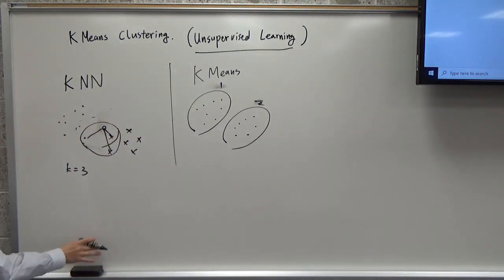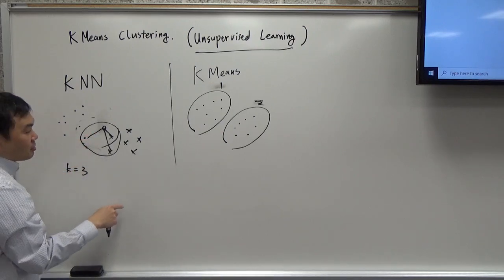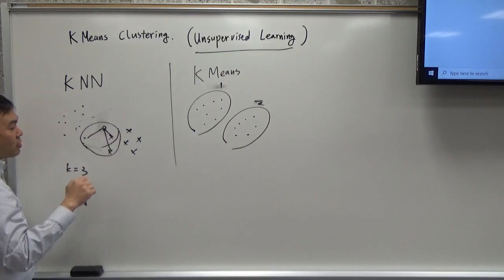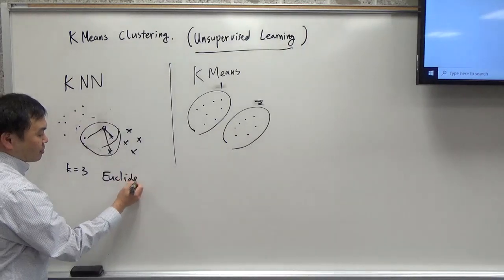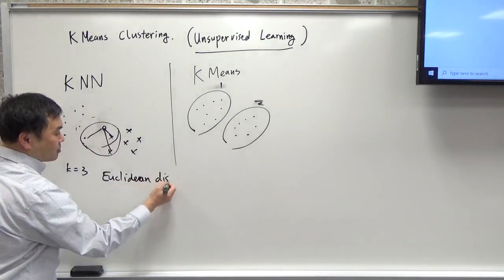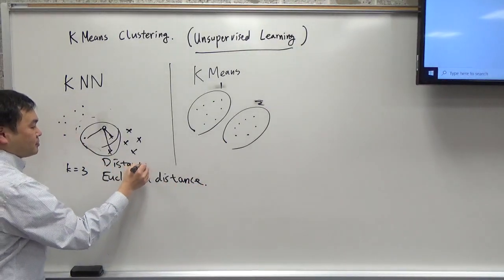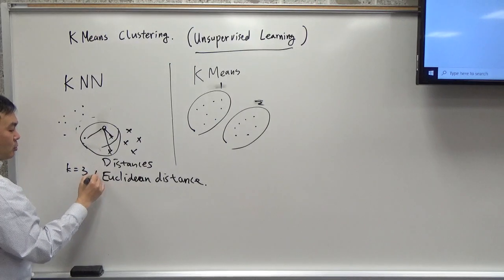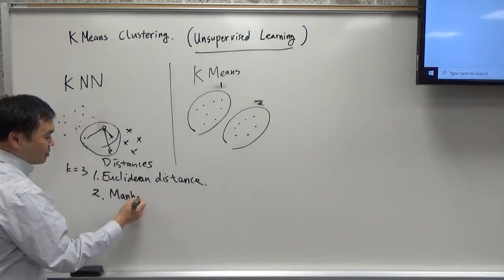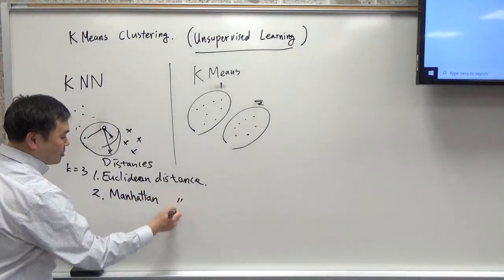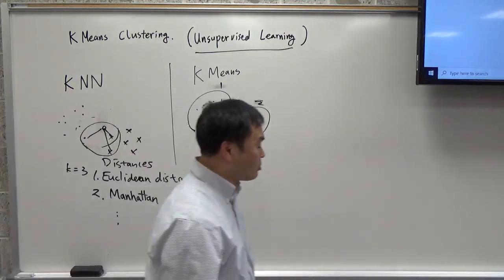Now, the next thing that you have to know in both cases, we already discussed distances, but the 2 mainly used ones are, number 1, the usual Euclidean distance, and number 2, there's something called Manhattan distance, and there are some more, but these are the 2 that you definitely need to know.